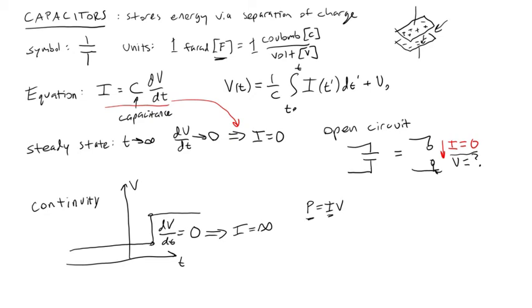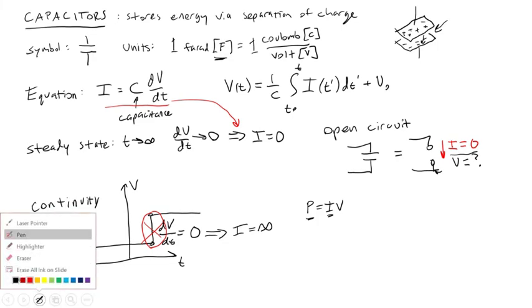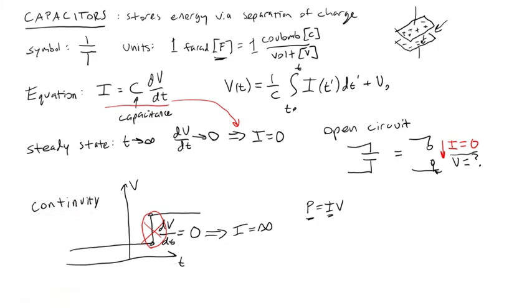We can't get infinite power, so this is telling us that this can't happen for a capacitor. We cannot have instantaneous jumps in voltage, or else the derivative of your voltage is infinity, and your current is infinite, and your power is infinite. So what that means is that voltage must be continuous over a capacitor.